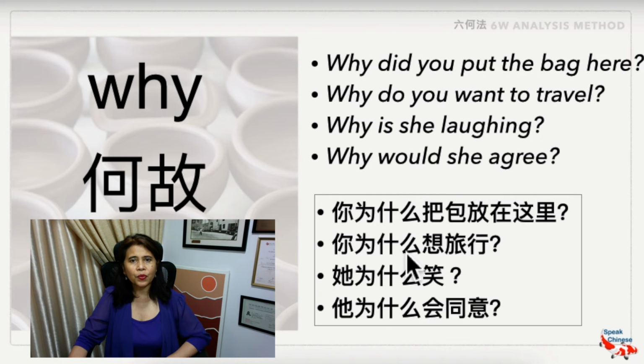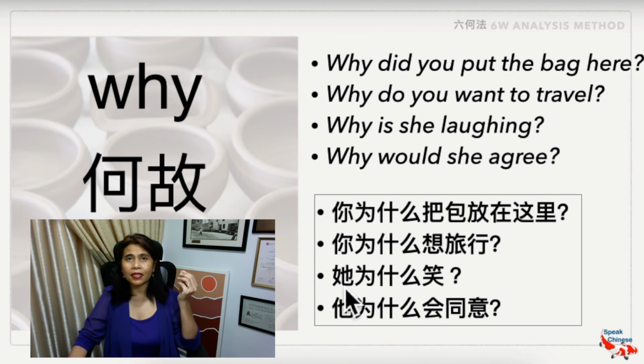Now you notice the last sentence, why would she agree? This word 他 is incorrect. When we read the sentence, we know immediately 他 refers to a male, because if it refers to a female, it has the 女字旁.